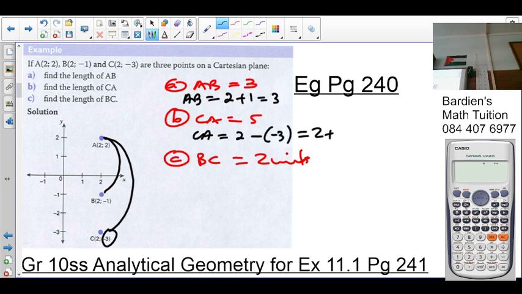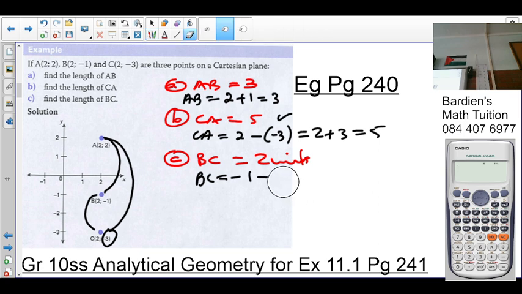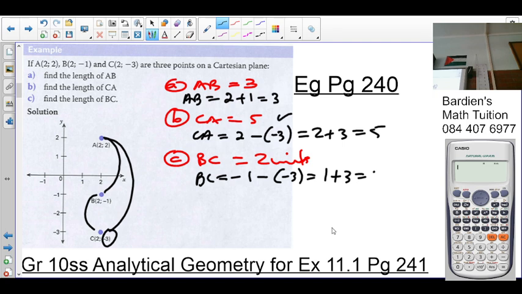So it's 2 plus 3, which is 5. And for BC, again the larger number, which is -1, minus the bottom number, which is -3, which in turn gives you +2.